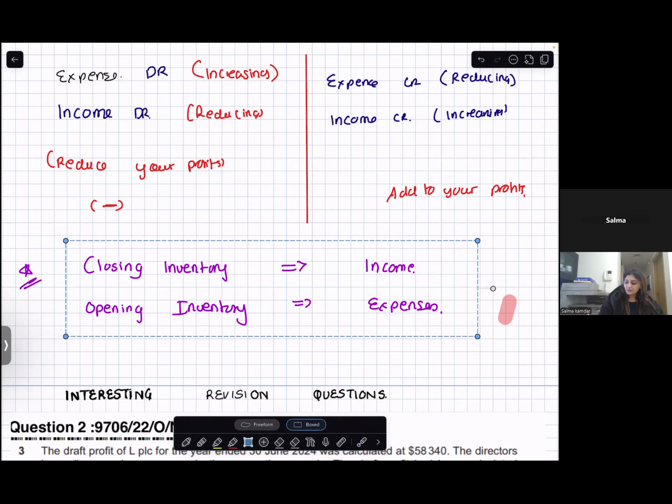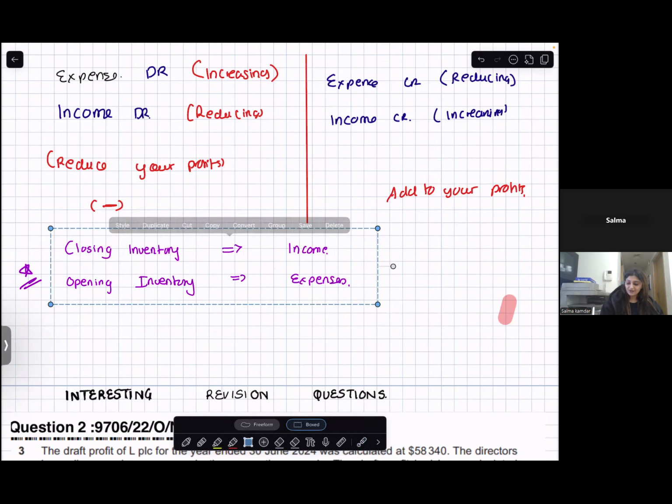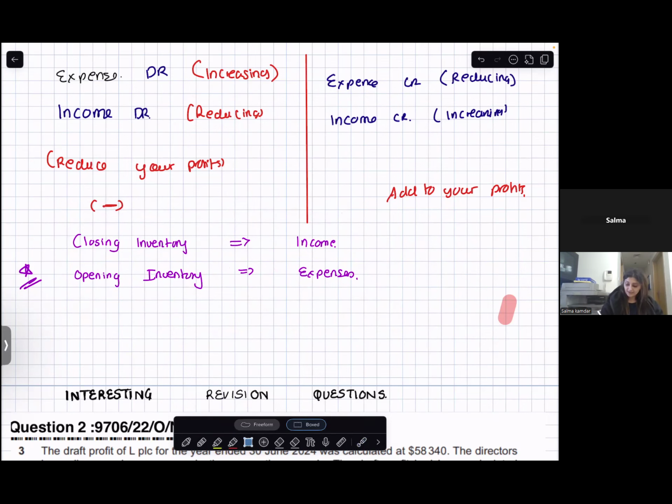Another thing that you always think of in errors when you have to do your statements is purchases. Purchase is an expense, so it is always debit. Purchase return is expense reduced, so it is always credit.